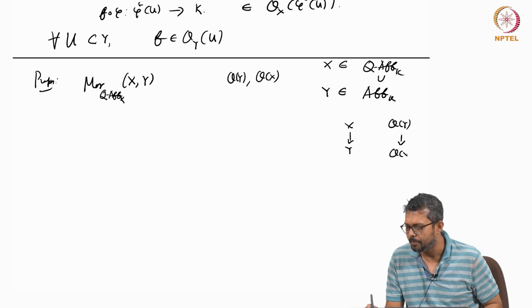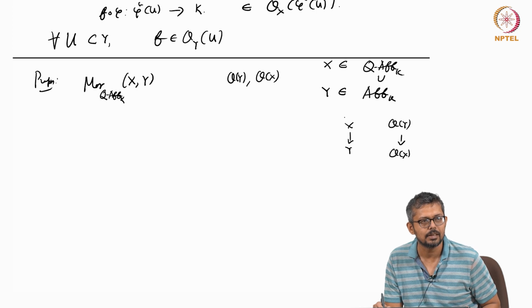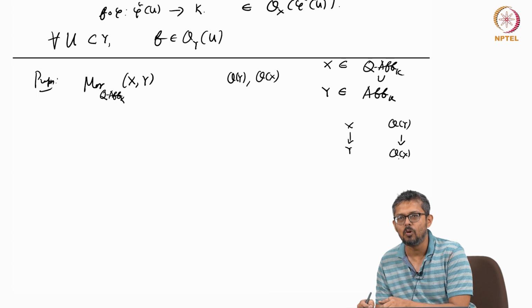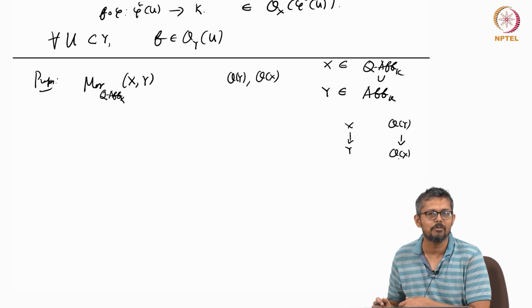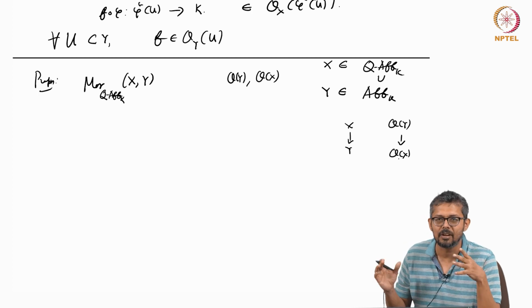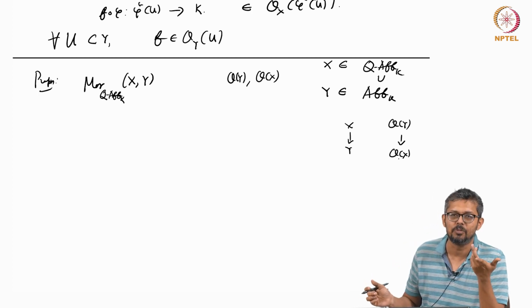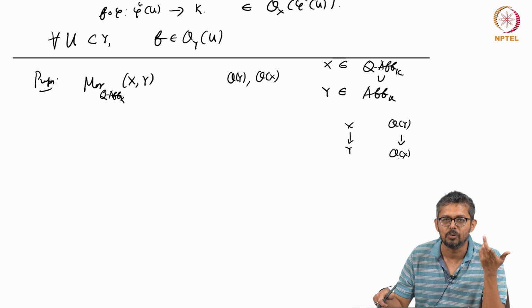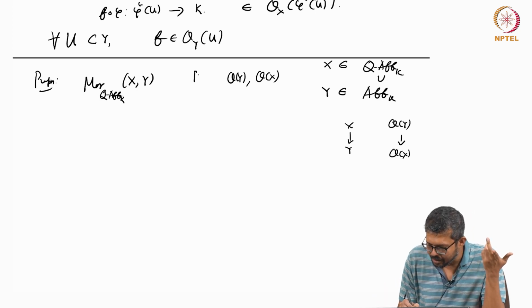That's not a problem, because phi inverse of Y is X. But just giving a map O_Y to O_X does not guarantee a map from X to Y, because regular functions are defined for every open set, and you have to prove it. For X to Y, here Y is an open set, you take the big open set. You understand? So now the point is that this is a bijection.